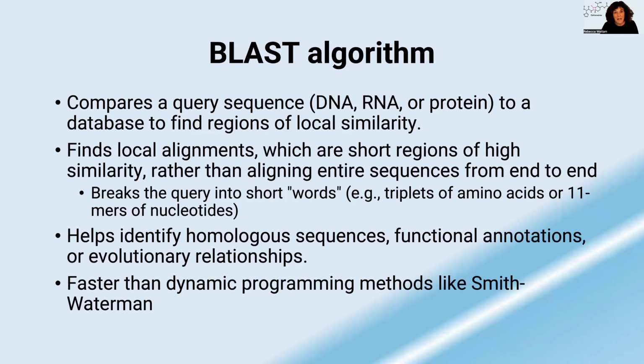So the BLAST algorithm takes a query sequence like DNA or RNA or even a protein, and it puts it against a database to find regions of local similarity. BLAST is different than something like Smith-Waterman because BLAST first looked for short regions of high similarity and then would expand out to look at an end-to-end approach.